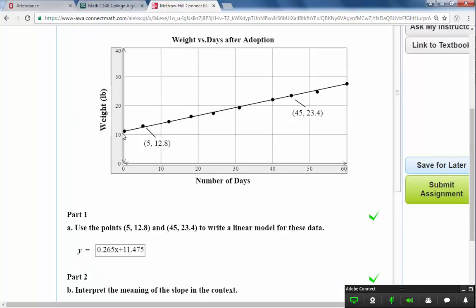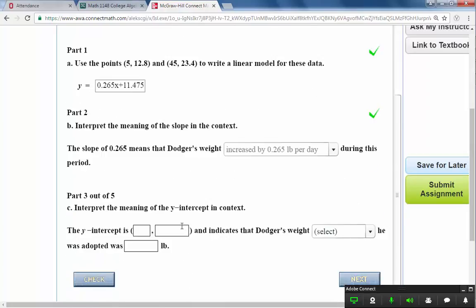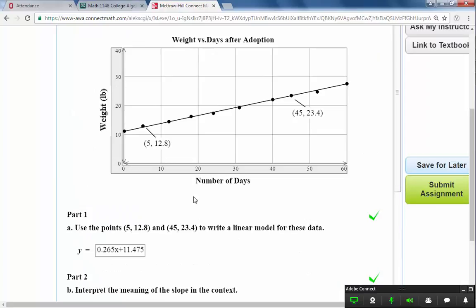All right, what does that y-intercept mean? It's day 0. When you first adopted the puppy, that's how much it weighs. Do we know it? What's the y-intercept? Well, I can see it's 11-ish, or maybe 12, close to, I don't know.